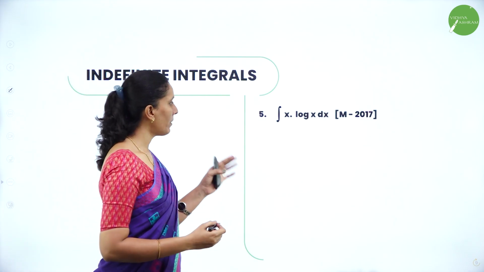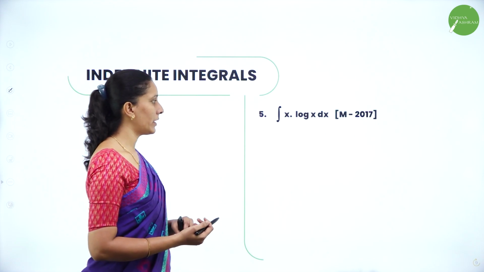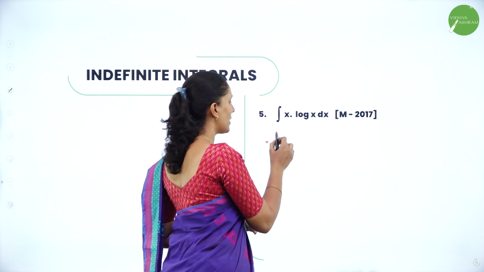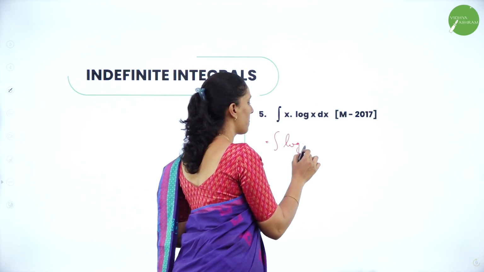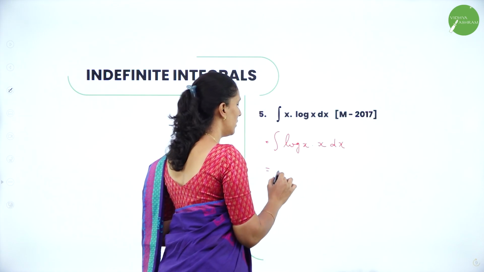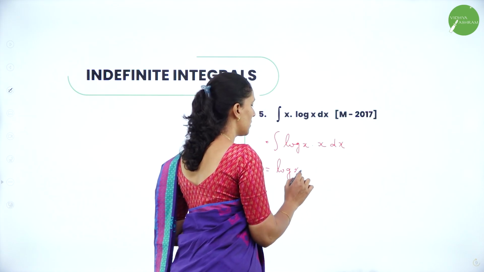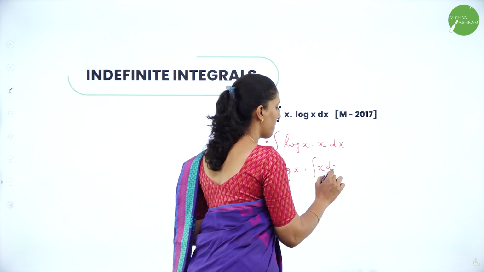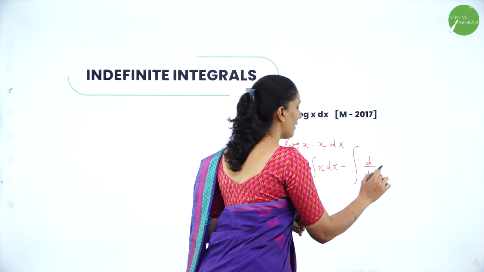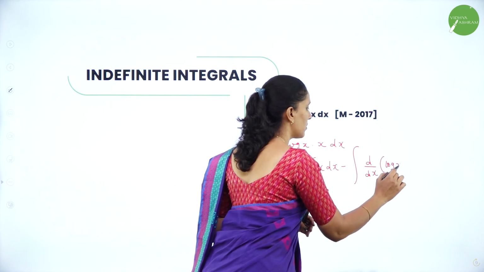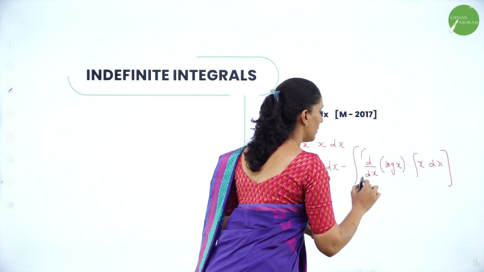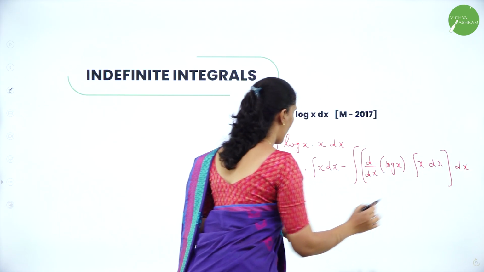Next question, one more. We'll apply the integration by parts here, integration of x into log x dx. Let's keep log function as the first function. So now here first function integral of second minus integral of derivative of first into integral of second again with respect to dx we have.